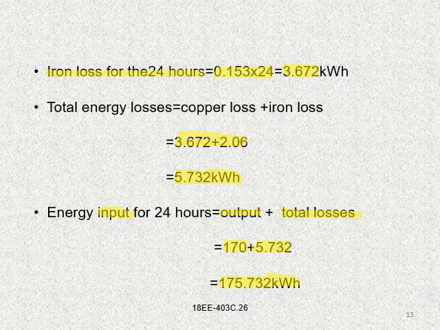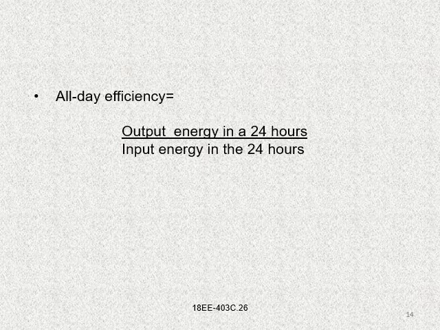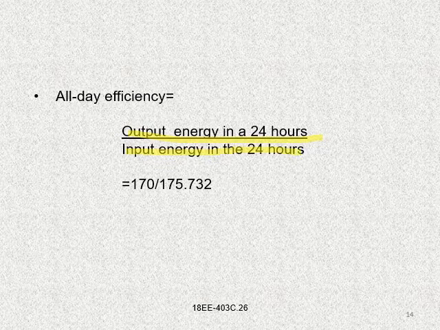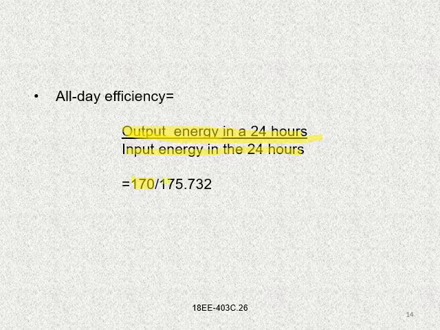Please calculate the all day efficiency, and you can cross check the answer over here. It is output energy in 24 hours divided by input energy in 24 hours. The output energy in 24 hours is 170 and the input energy is 175.732.